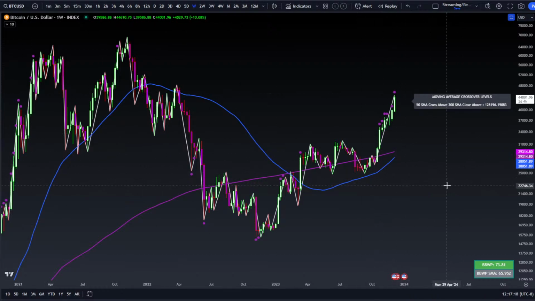That is currently at 128,196. It changes in real time because the further Bitcoin trades up, the further the moving average is going to adjust, kind of wiggles around a little bit during the week. But when this closes, this number is going to come down substantially, probably in large chunks.